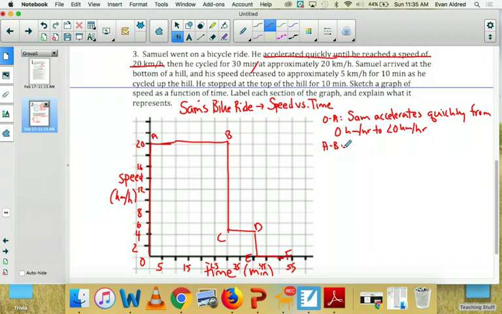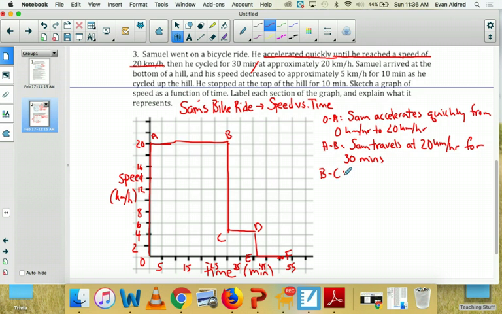So A to B, he is traveling at a constant speed. So he's going at 20 kilometers an hour for 30 minutes. So Sam travels at 20 kilometers an hour for 30 minutes.